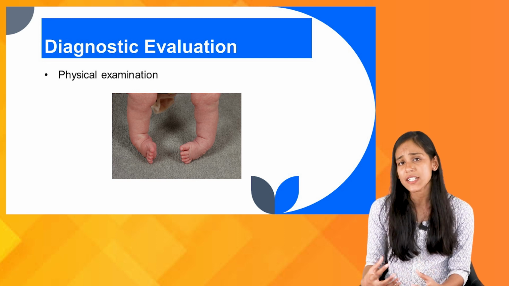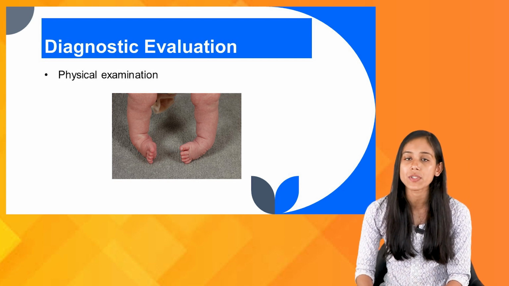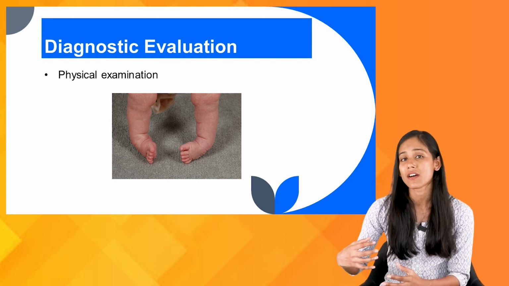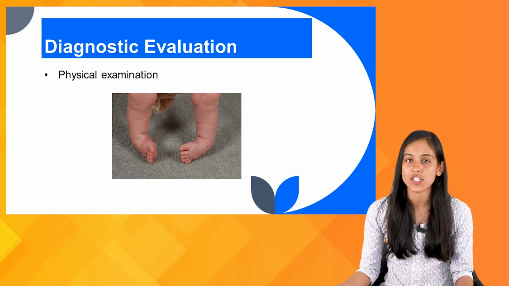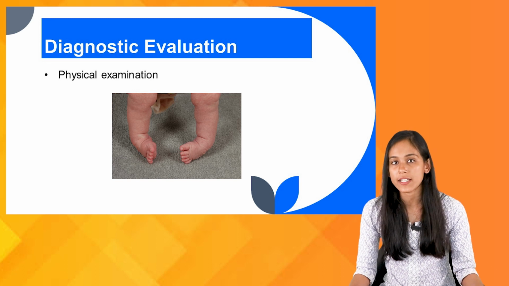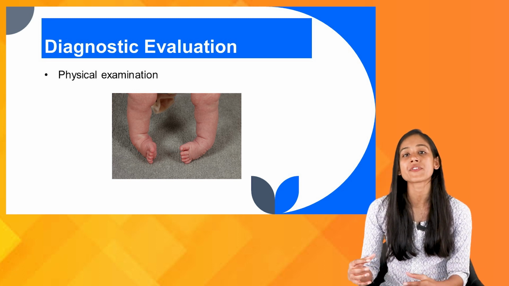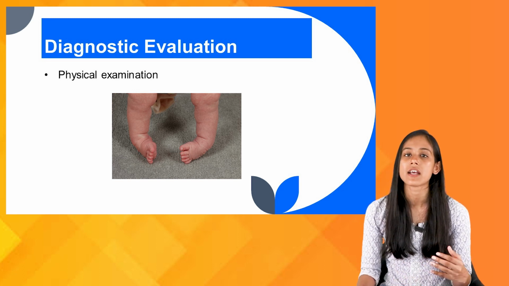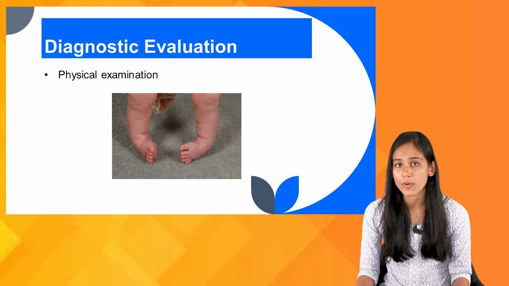In physical examination, we can find the different manifestations that we have already learned. In different types of congenital clubfoot, we can see different manifestations, as several bones would be affected.